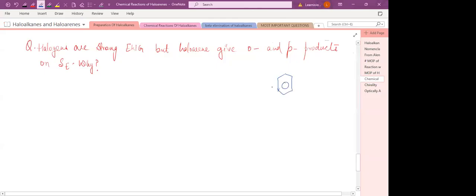There is another effect there, the resonating effect, right? And you can say mesomeric effect, plus M effect. Now, what is plus M effect? Do you know? Tell me. Positive mesomeric effect.